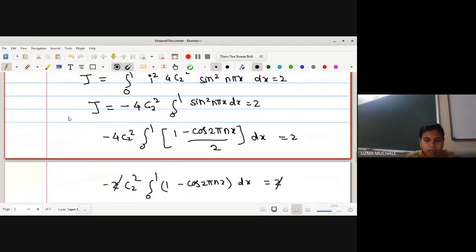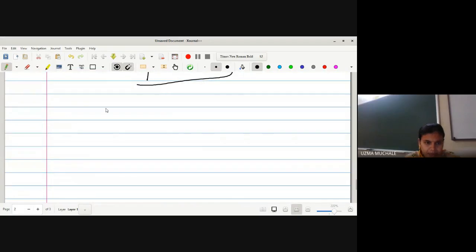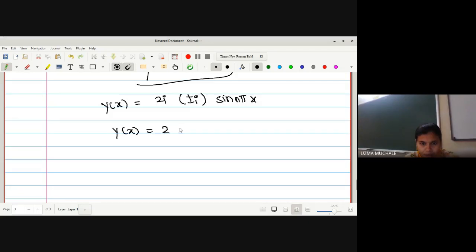Putting the values of C1 and C2 in star, we get y of x is equal to 2i as it is, plus or minus i, value for C2, sine n pi x, and this i we can have as i squared, 2, plus or minus i squared sine n pi x. I squared is nothing but minus 1, no?